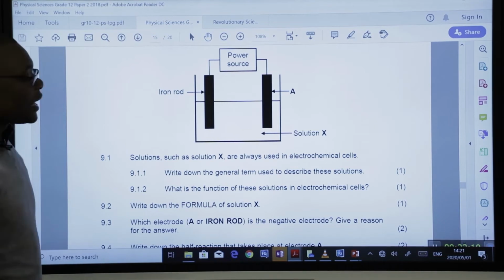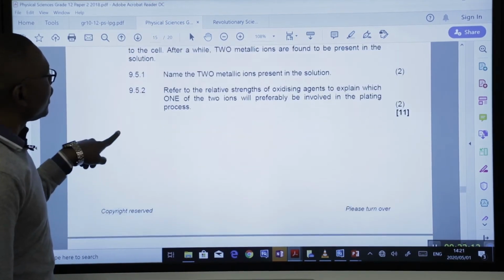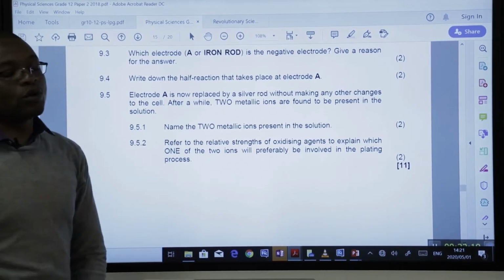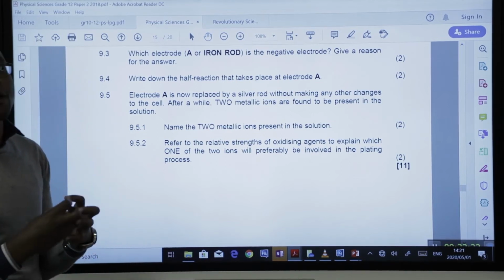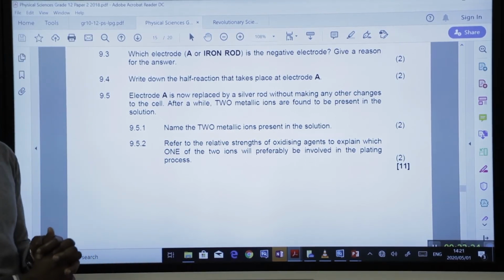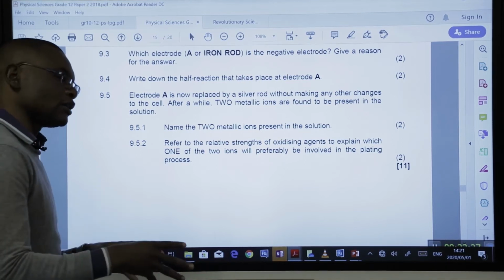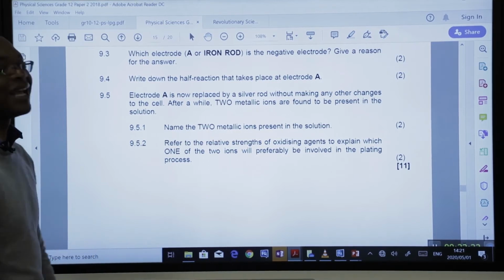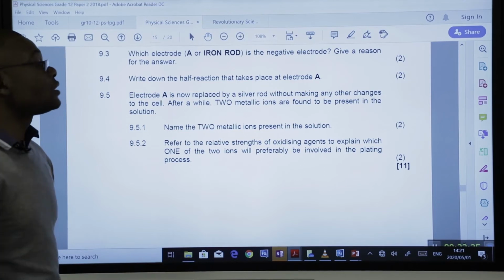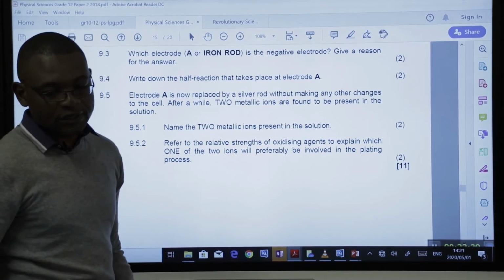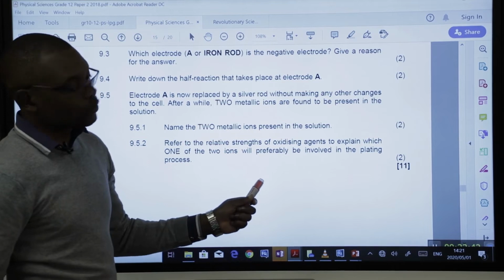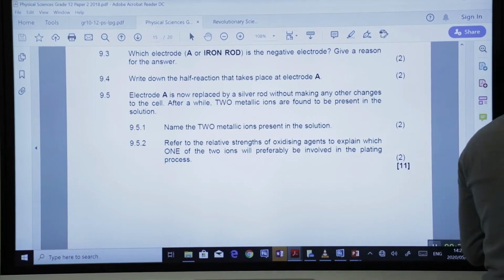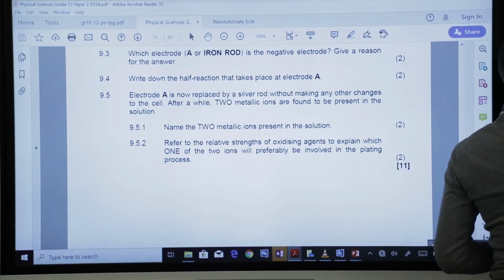Okay, but now we are making electrode A a silver rod, and on that electrode, the electrode itself goes into solution during the electrolysis process. It breaks down, dissolving and going into the solution as ions. So silver ions, just like this one.